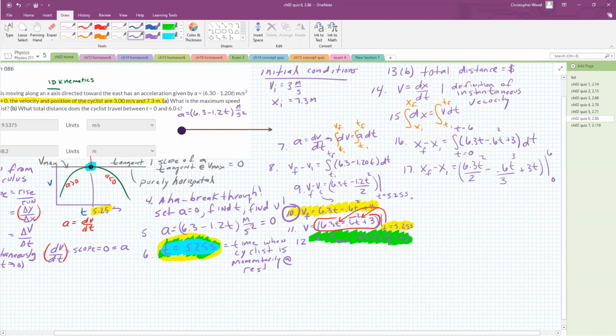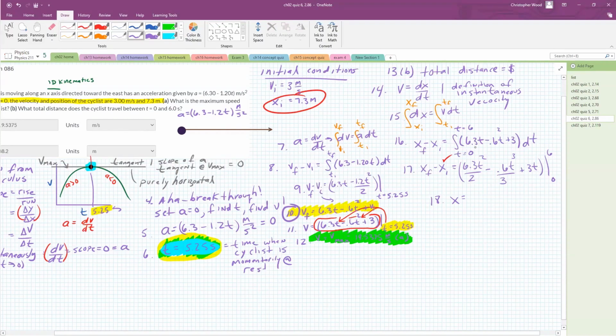All right, so at this point, you're good to go because you know x initial. X initial right here, 7.3. So you know your value for x initial. You know how to evaluate this function between 0 and 6. So go ahead and let's solve for the total distance traveled by this motorcyclist from 0 to 6 seconds. Wait, I'm sorry. You said t equals 0 for that x1, but then you also circled the x1 equals 7.3.